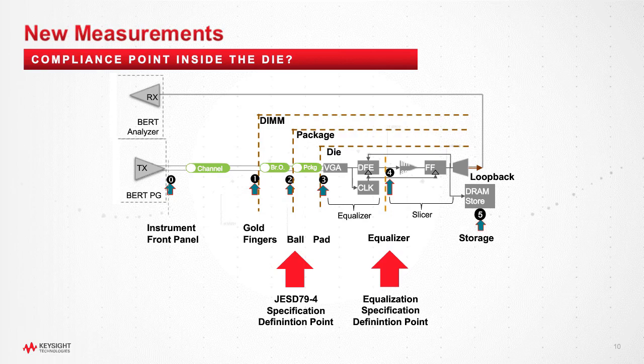And so a lot of work went into coming up with the mathematical concepts and the practical procedures to figure out how you can write a spec that mandates a certain kind of behavior at some point inside the die and yet make it a practical thing for people to implement.